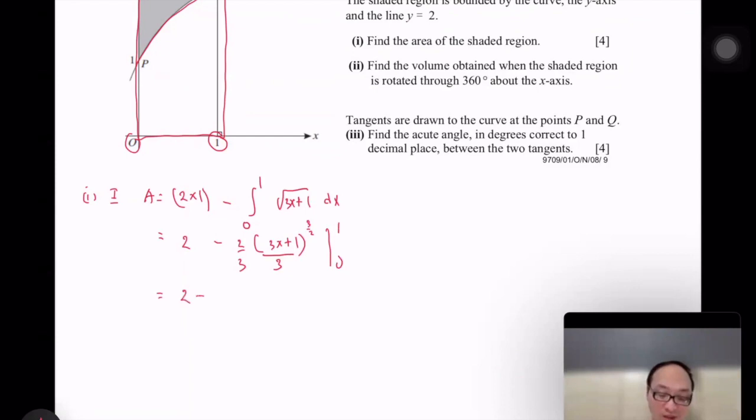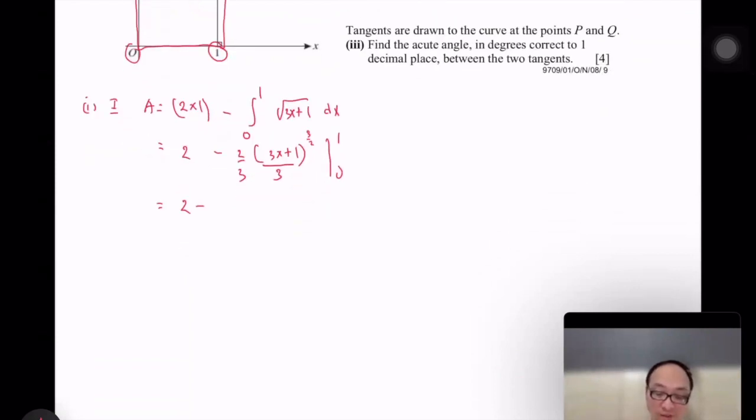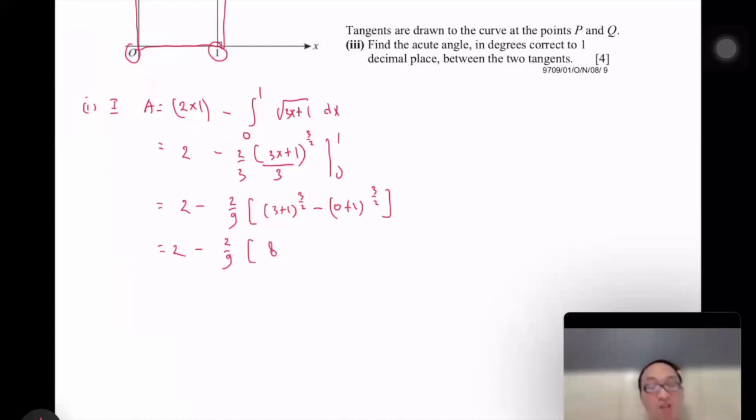So it's 2 minus 2/9 times ((3 plus 1) to the power of 3/2 minus (0 plus 1) to the power of 3/2). So 2 minus 2/9, 4 to the 3/2 is 8, minus 1, so 2 minus 14/9. So it's 4/9.